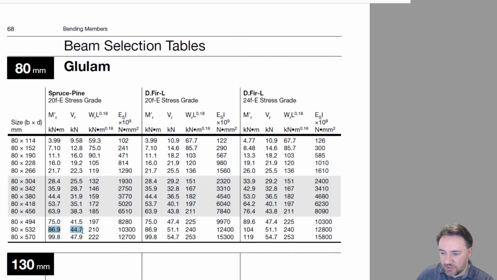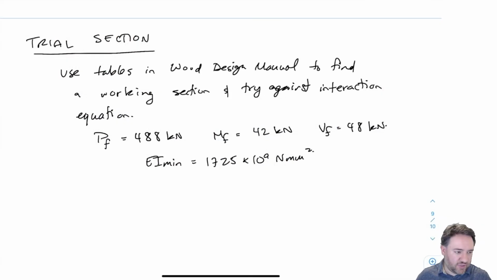So maybe a beam like this. Well, this one just barely reaches the VF. So this could potentially be a possibility depending on the axial capacity. But let's not forget as well that the VF that we're using here doesn't take into account the fact that we're going to have a reduction.